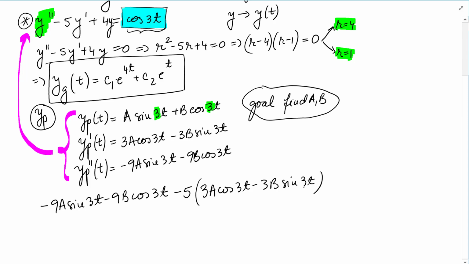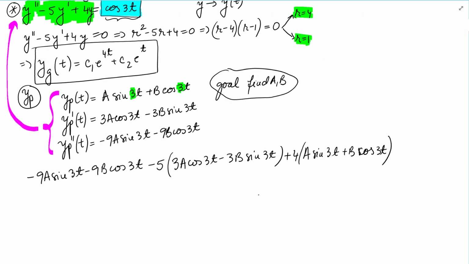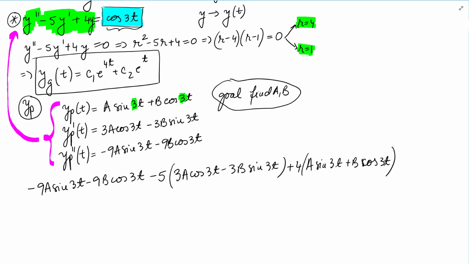This part was replacing this. And then we have plus 4y, so plus 4 times A sine of 3t plus B cosine of 3t. We just finished this part, equals cosine of 3t.